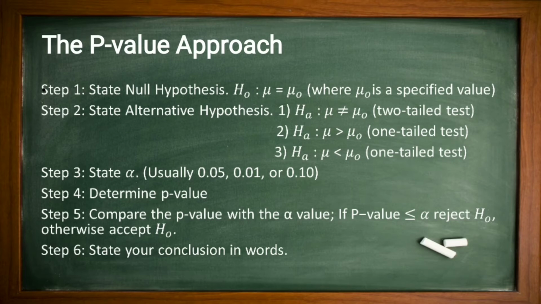Then next, step 2, state the alternative hypothesis. So, almost the same lang po siya sa ating critical value approach. Meron din tayong tatlo dito. Ang two-tailed test, the right-tailed, and the left-tailed test.